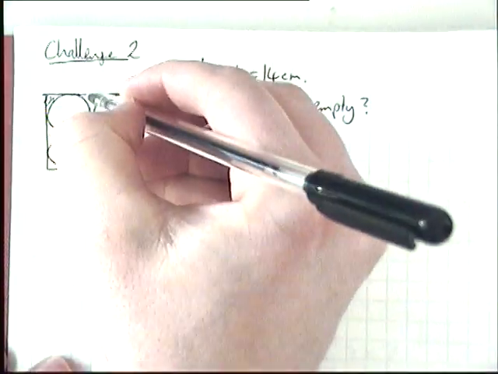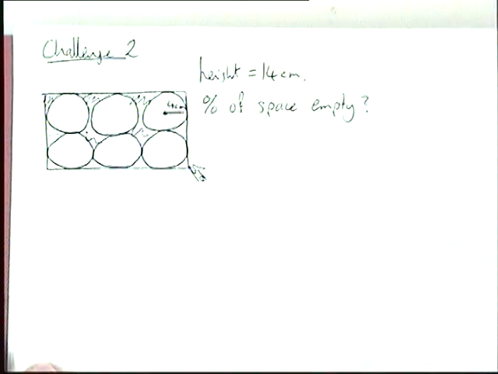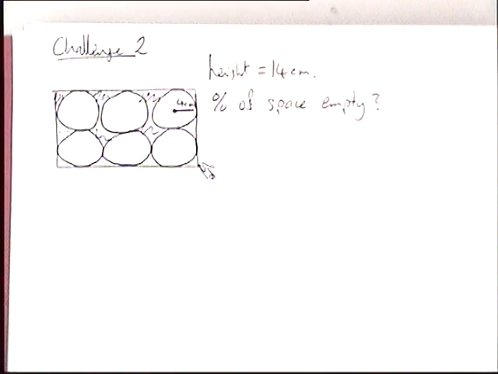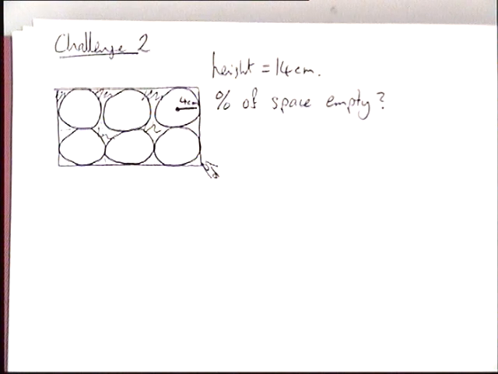So all of the spaces in between the cylinders. So we need to work out the volume of the whole crate, the whole box. We need to work out the volume of all 6 cylinders and then express the volume of the cylinders as a percentage of the volume of the box.